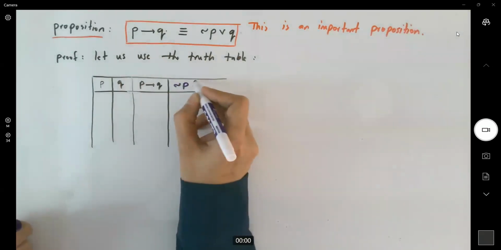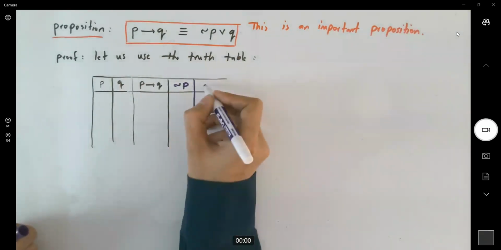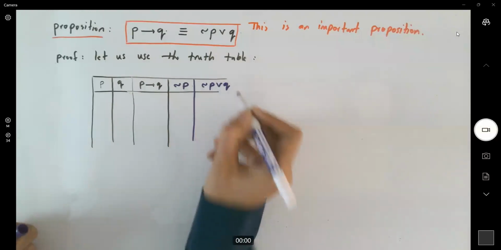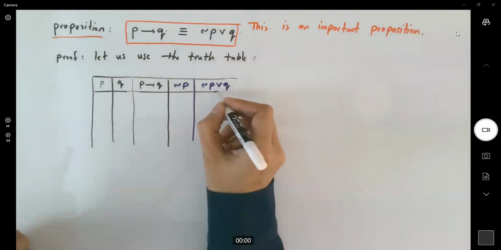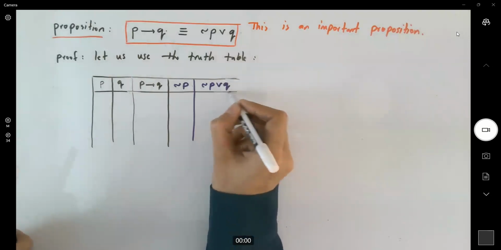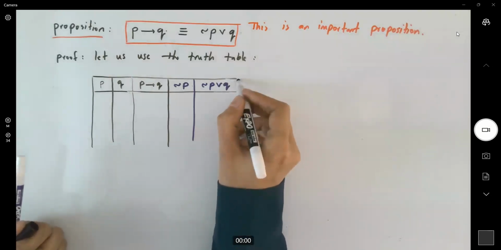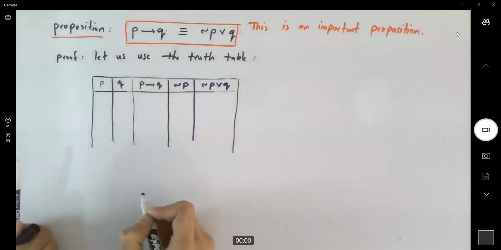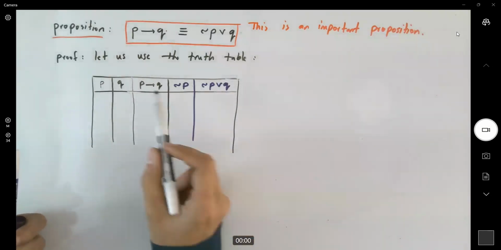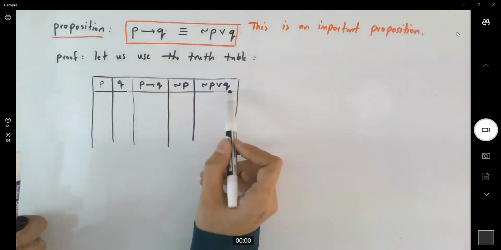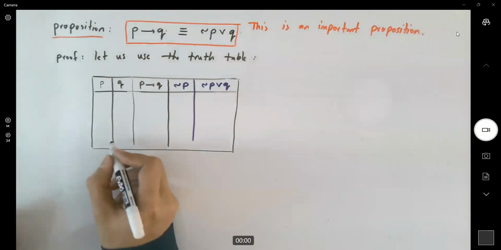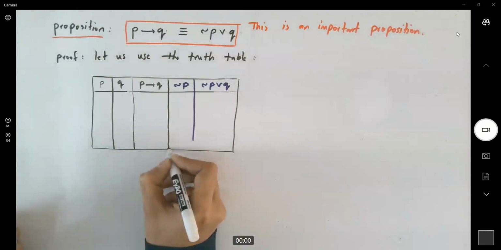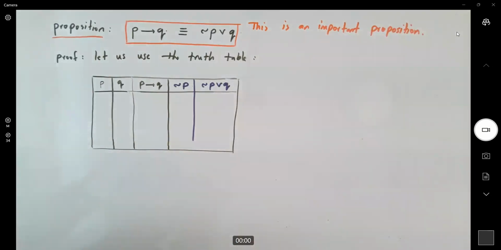Not P and not P or Q. Very good. My goal is to show that the truth values for these two, P then Q and not P or Q, are the same. Very good. Let us begin.